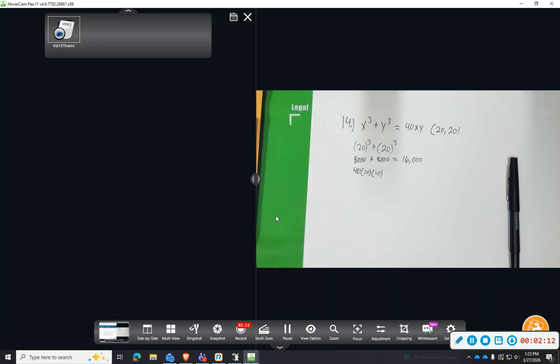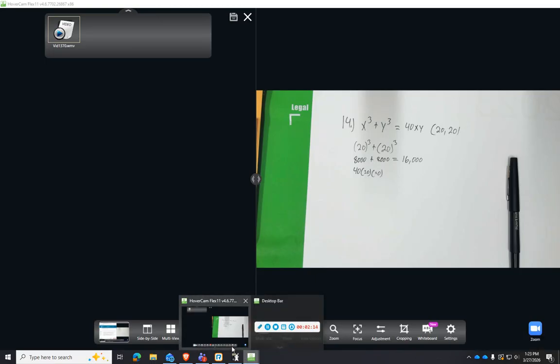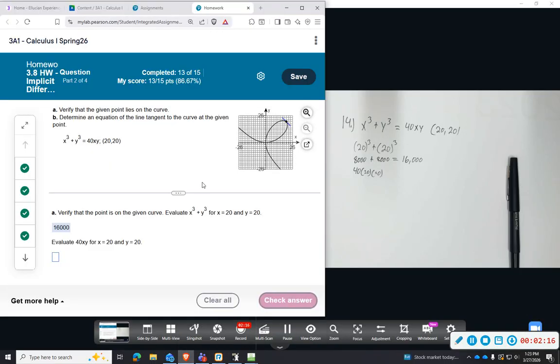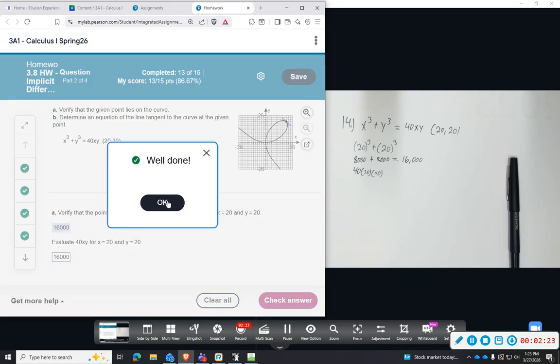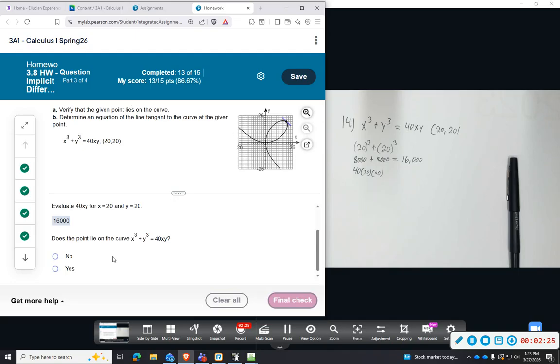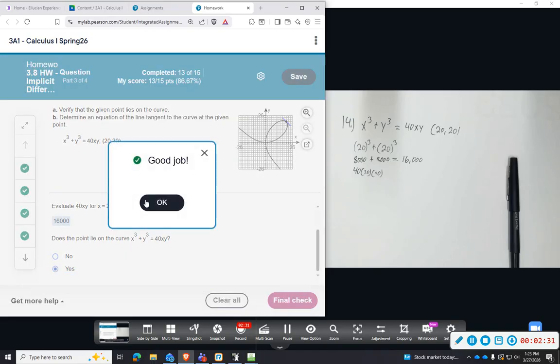We do get 16,000. All right, so that verifies that the point is on the curve. Both sides are equal. So it says, does the point lie on the curve? Yes. The point 20, 20, that is.